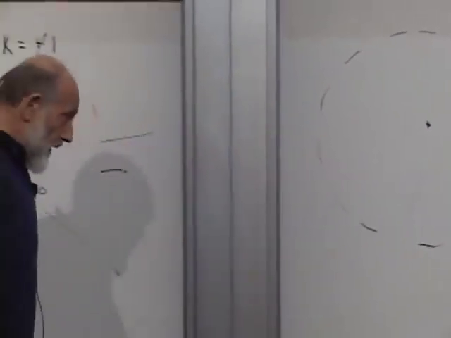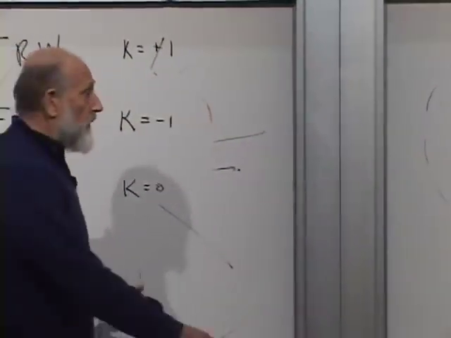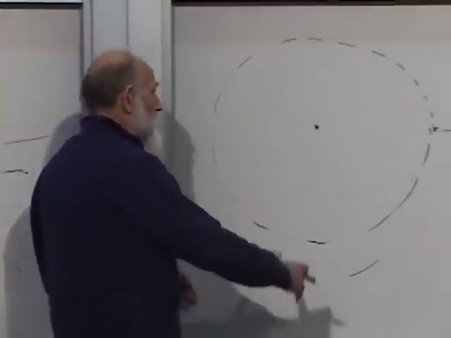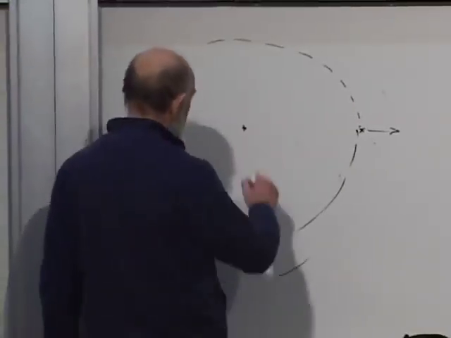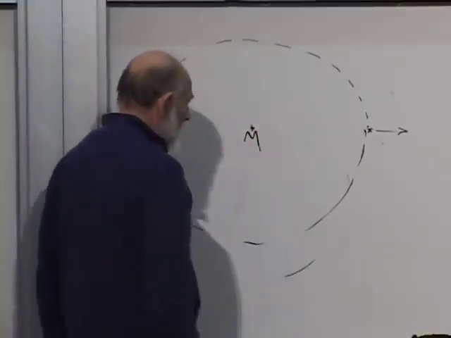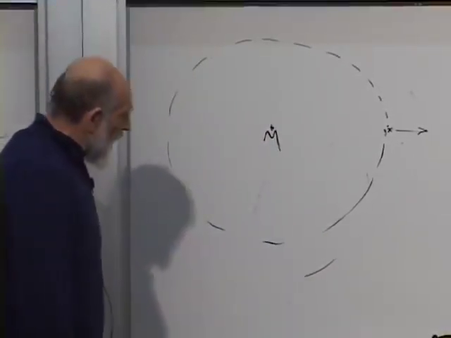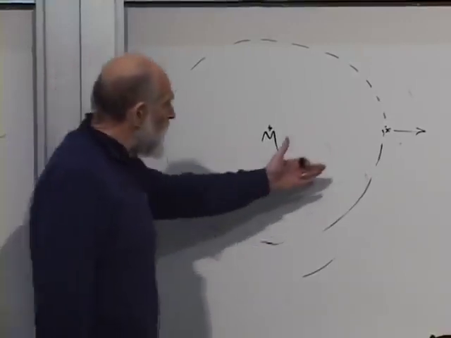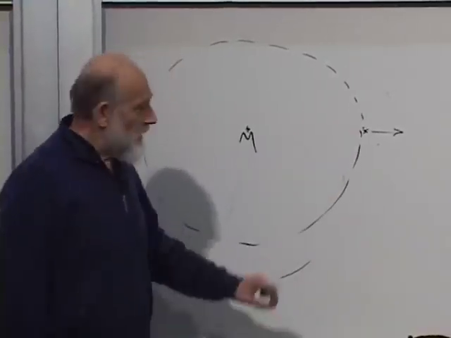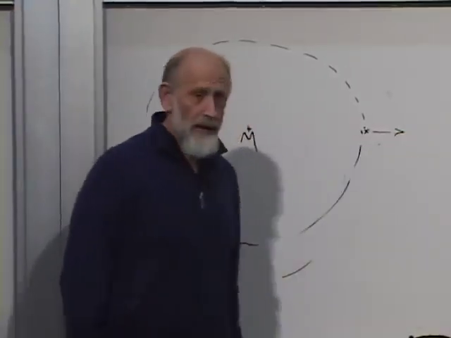So we simply said all we have to do then is imagine all the mass in the sphere is concentrated at the center, M, all the mass within that sphere, and then write Newton's equations for this object moving away.